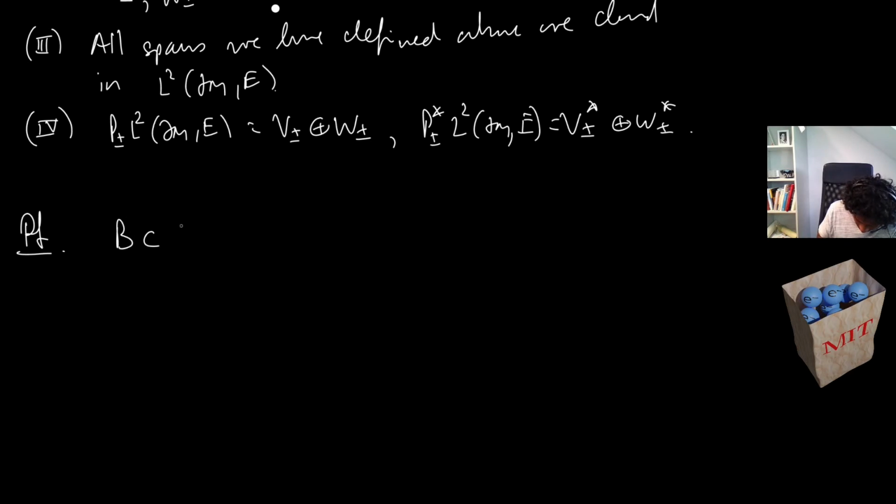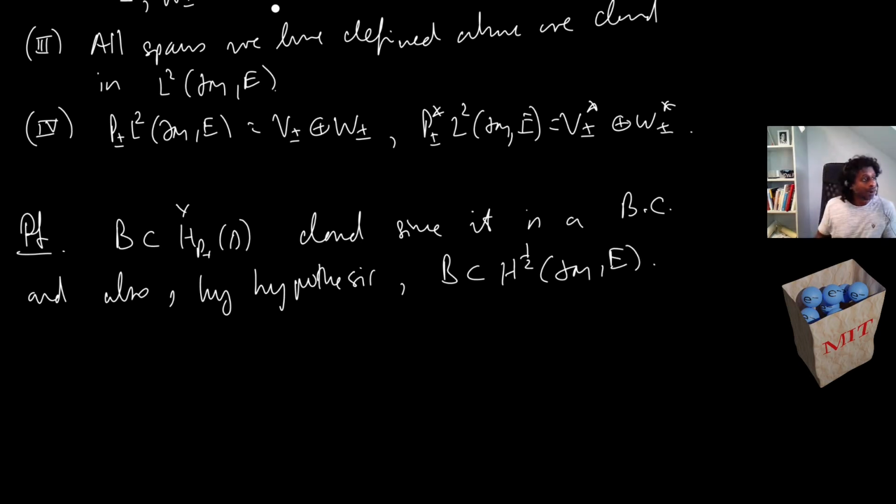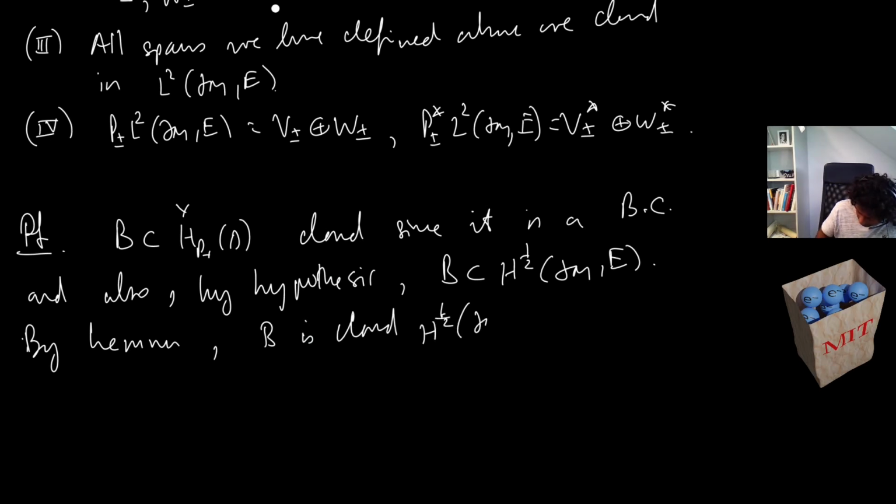B is a subspace of H check P plus of D closed, since it is a boundary condition, and also by hypothesis B is a subspace of H half of ∂M. So by lemma, we have that B is actually closed in H half ∂M.